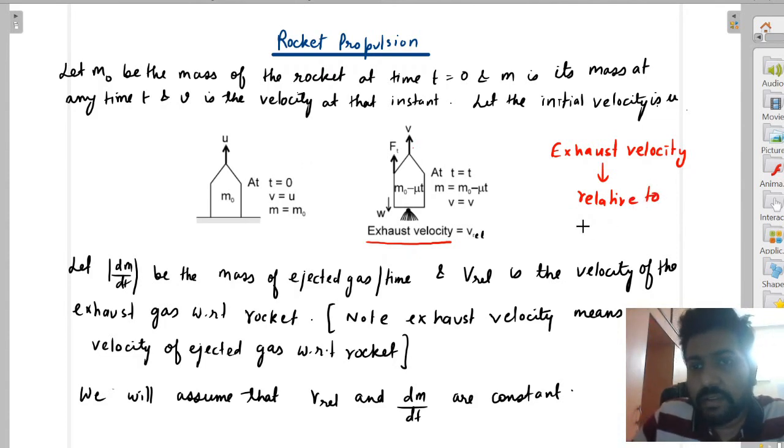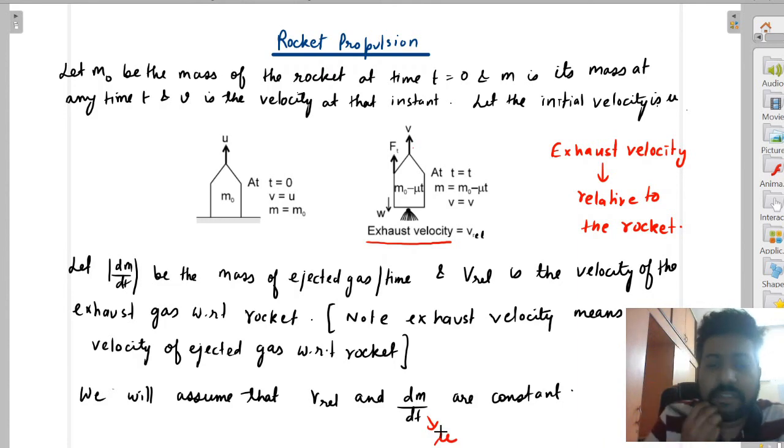So let dm/dt be the mass of the ejected gas per unit time, and v_relative is the velocity of the exhaust gas with respect to the rocket. Note, exhaust velocity means the velocity of the ejected gas with respect to the rocket. We will assume that this v_relative and dm/dt are constant. This dm/dt will also be referred to as mu.